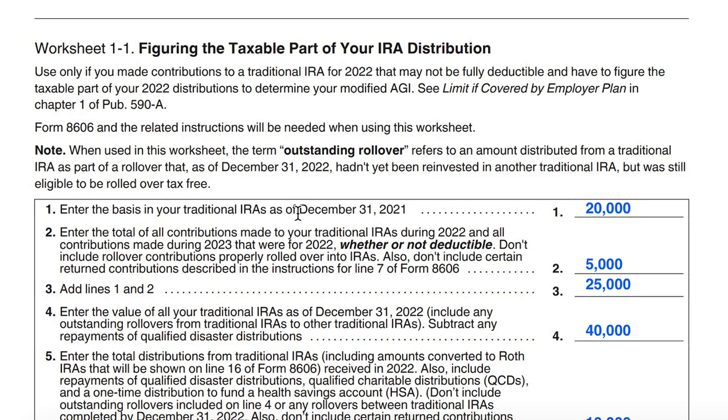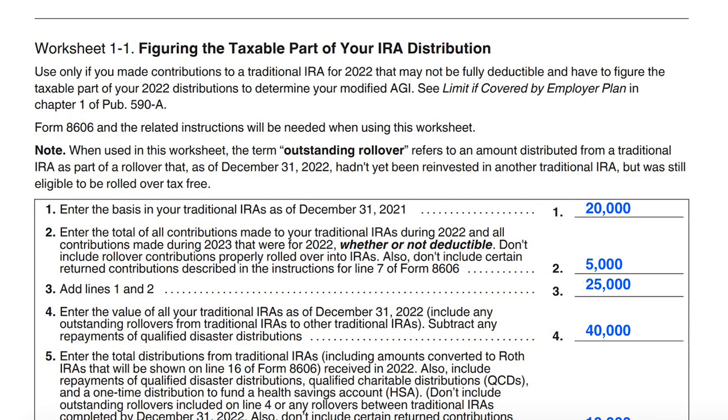And also don't include returned contributions described in the instructions for line 7 of your IRS Form 8606. Certain contributions that might have been returned, don't count those. Just contributions that ended up in your account from outside money. In this case, we put down $5,000. In line 3, we add those two, and we come up with $25,000.